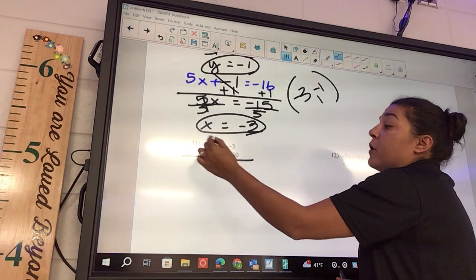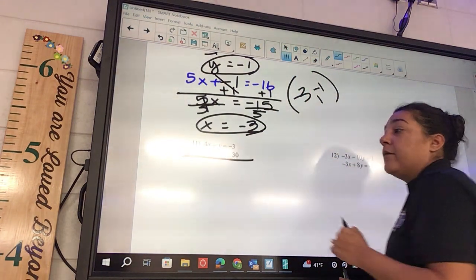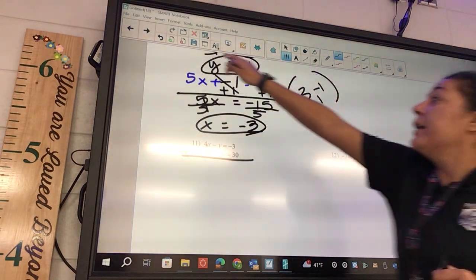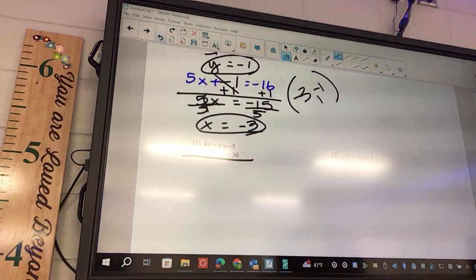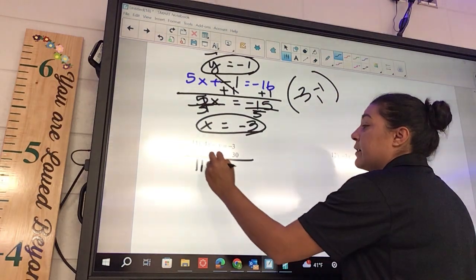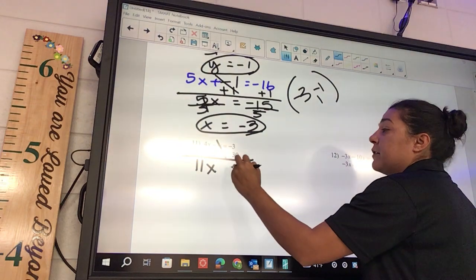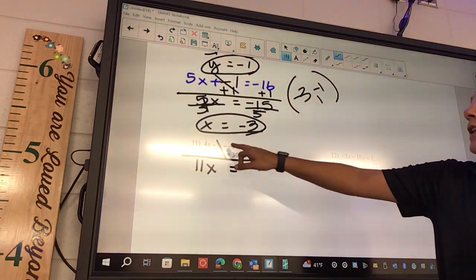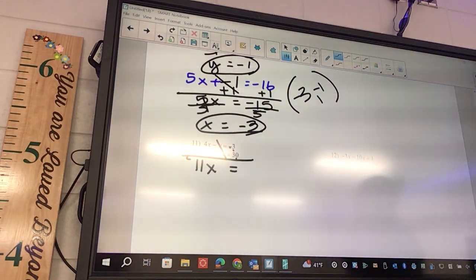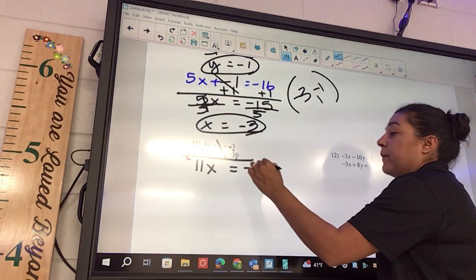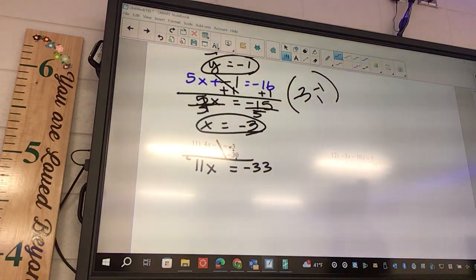What is 4 minus negative 7? 11. So we're gonna get 11x. Our y's are gonna cancel. And then you're gonna get negative 3 minus 30. Negative 33. Then negative 11. Nope, it's 11.